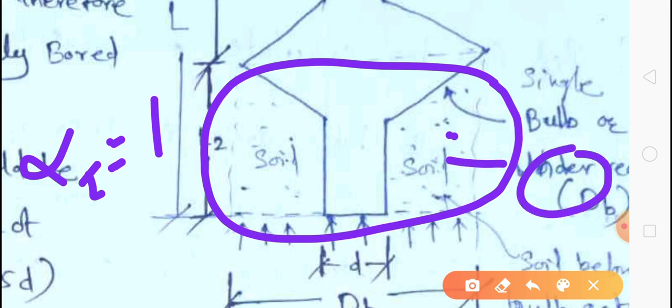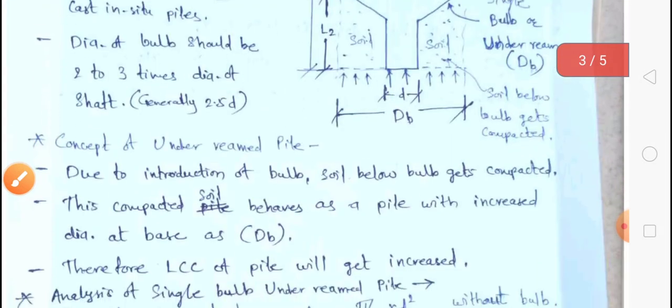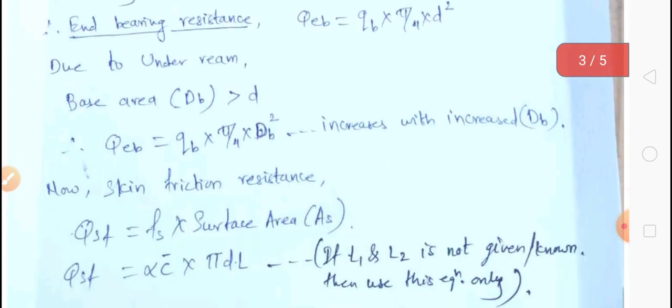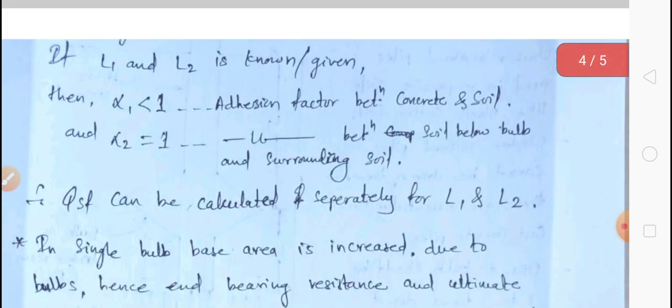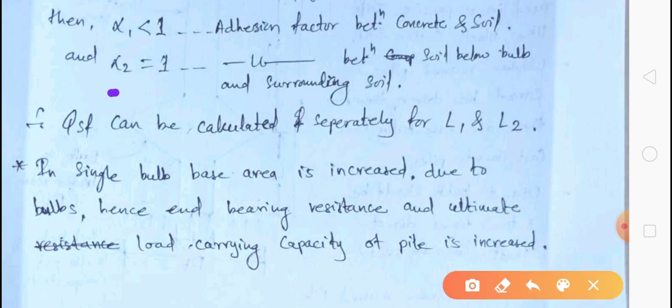So this is the contact between two surfaces, soil and soil. Therefore alpha 2 you can take as 1. This adhesion factor depends on the material. So alpha 2 equal to 1 is the adhesion factor between soil below the bulb and surrounding soil.